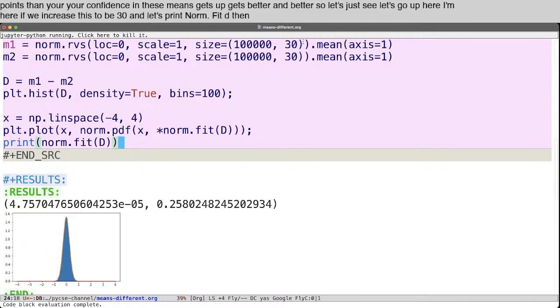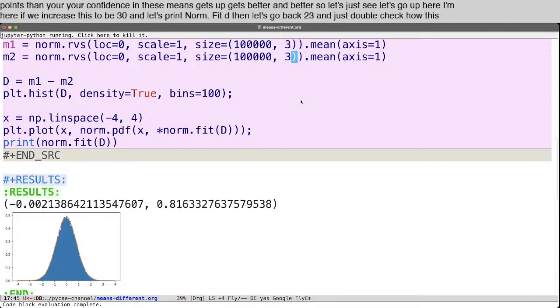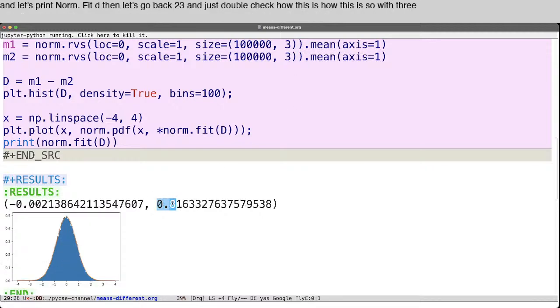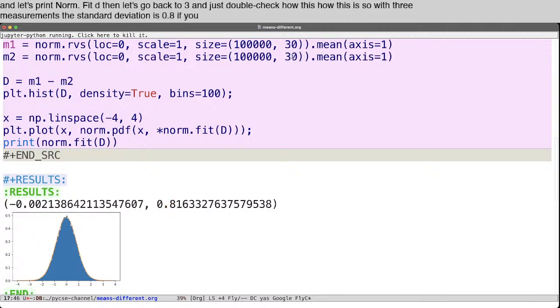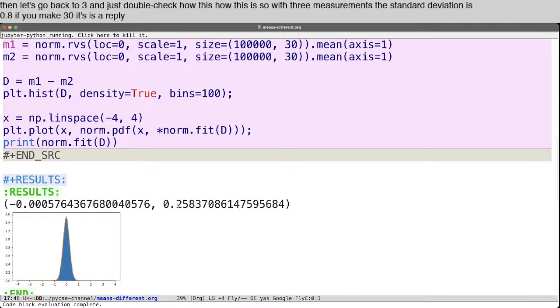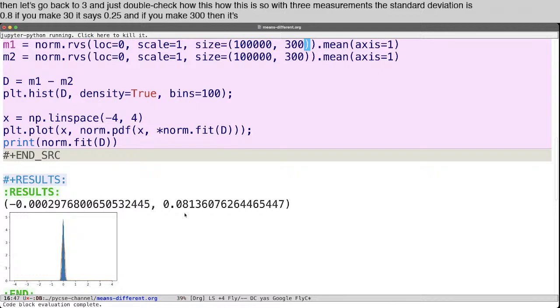Then let's go back to 3 and just double check how this is. So with 3 measurements, the standard deviation is 0.8. If you make 30, it's 0.25. And if you make 300, then it takes a little bit longer to calculate, but it's 0.08.